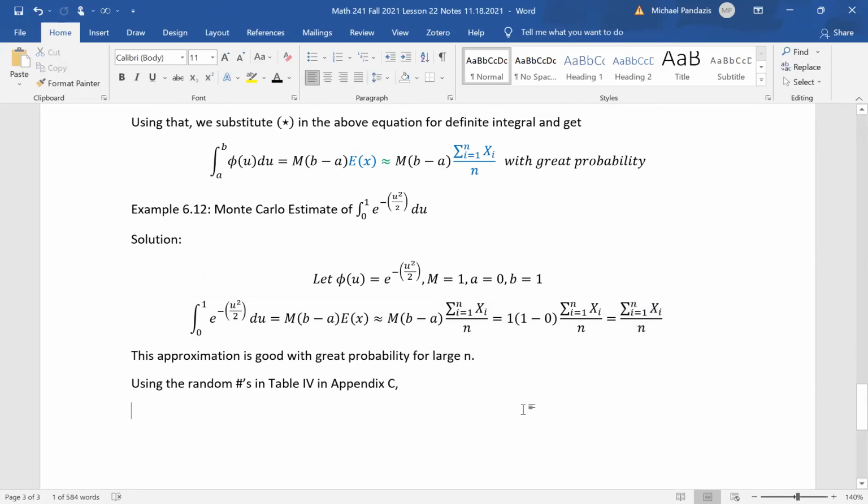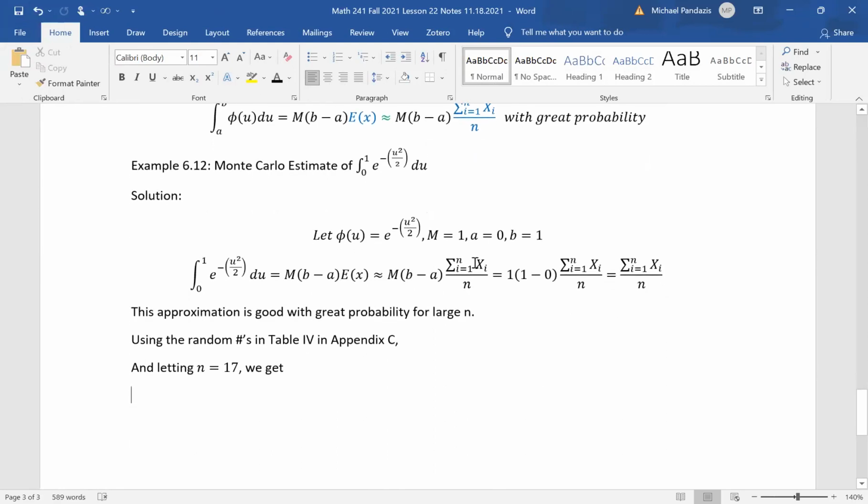n is 17. So using the random numbers in Table 4 in Appendix C and letting n equal 17, what we get is that when an experimenter chose 17 points at random in this rectangle, what it said is that the value is 15.